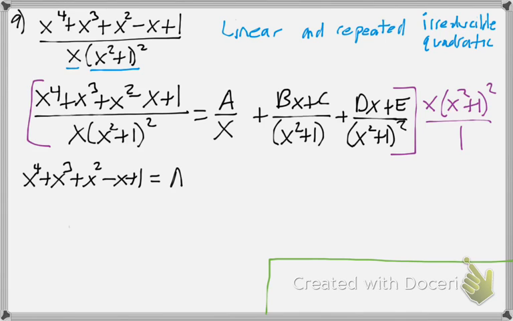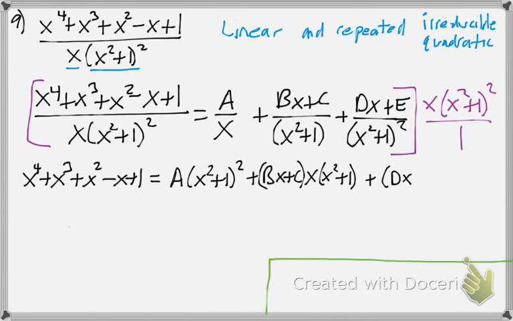This will be A times x squared plus 1 squared plus Bx plus C times an x and an x squared plus 1 plus Dx plus E times x. So there's definitely a lot going on here. Let's do some simplifying.